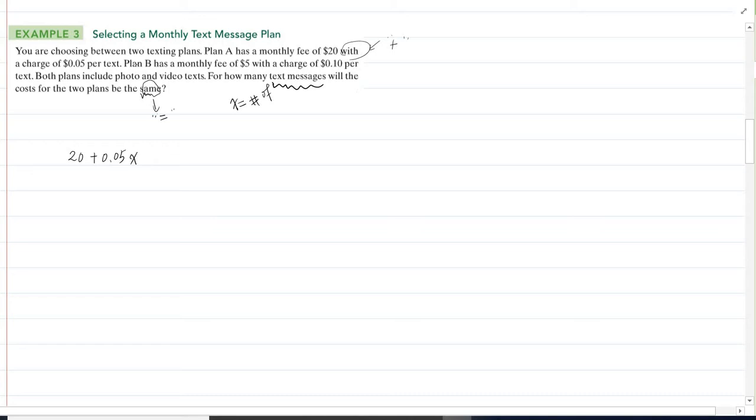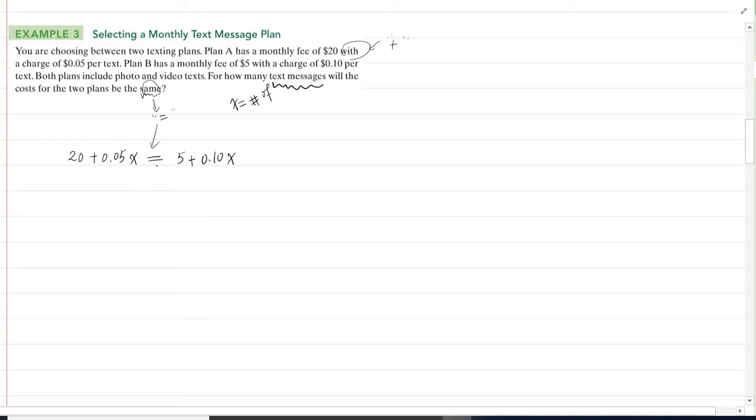So then we'll also find plan B. Plan B will have a monthly fee of $5 and then a charge of 0.10 per text. So we multiply by x because we want to find the number of text messages for which the cost of both plans is the same. So we translate this in the middle.